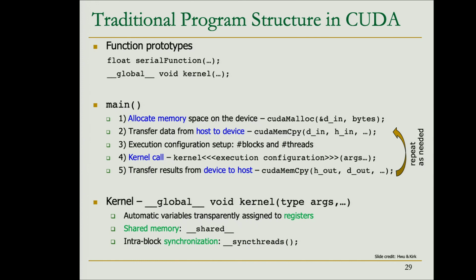Why is that? Because the kernel call is asynchronous, meaning that when the host code reaches this point, what the host is doing is calling the GPU driver and telling it, hey, please start running this kernel on the GPU. But right after that, the CPU thread is free, so it can continue computing, maybe doing arithmetic operations.